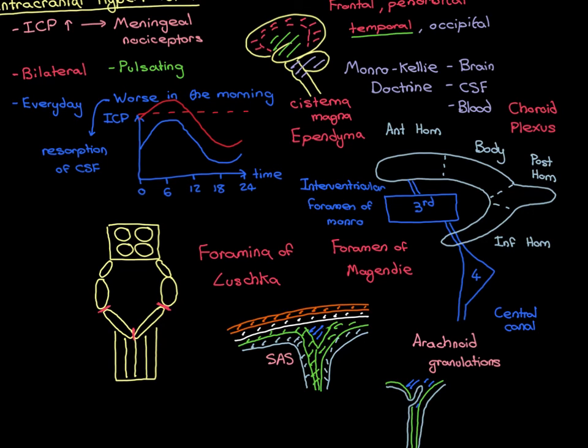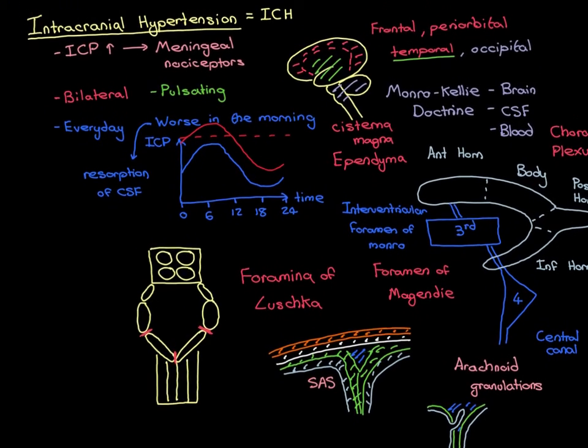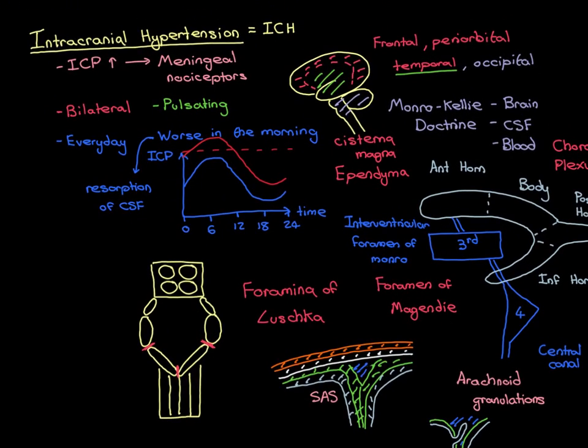So this is the reason that intracranial pressure fluctuates on a 24-hour basis, and that's the reason that the headache is worse in the morning and might even go away in the afternoon. If it doesn't go away in the afternoon, it will at least be less severe in the afternoon.